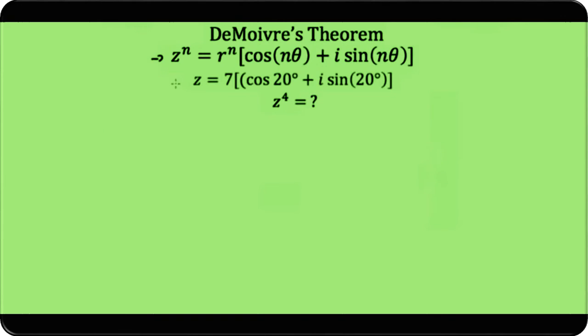De Moivre's theorem. Here is z, it is equal to 7 times the cosine of 20 degrees plus i times the sine of 20 degrees. We want to find z raised to the fourth power.